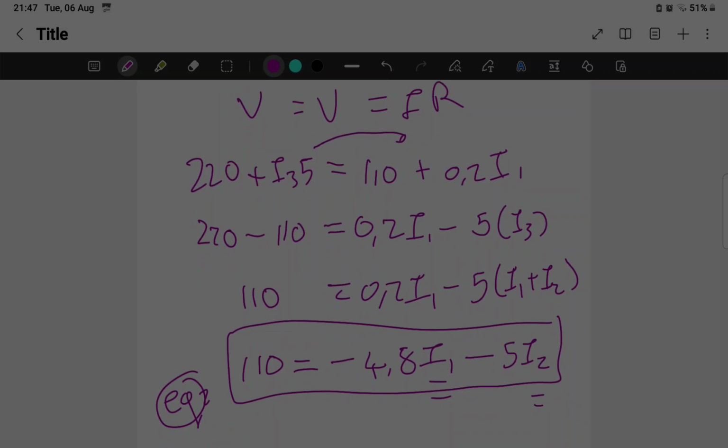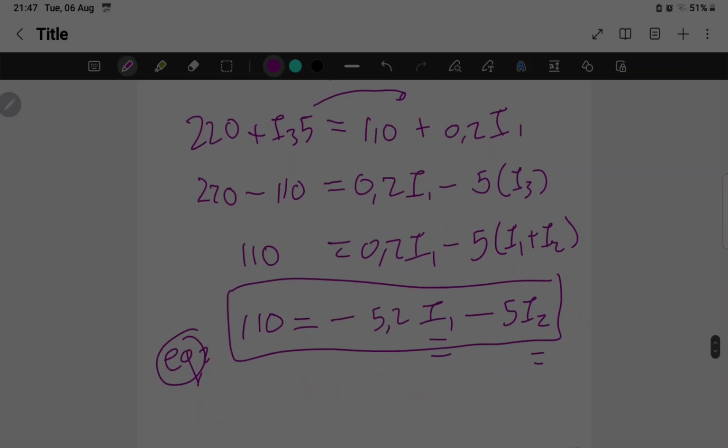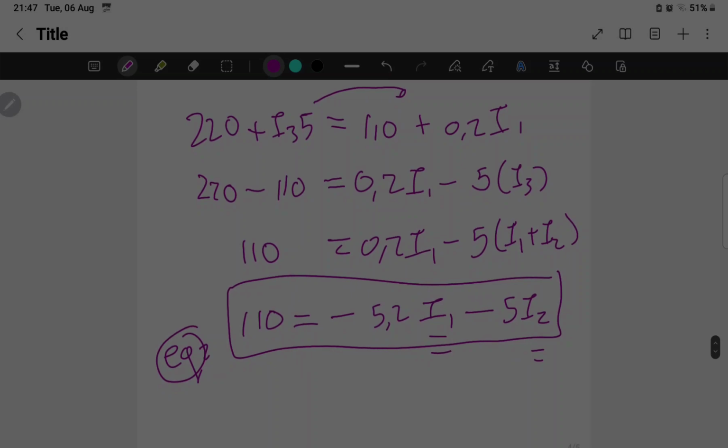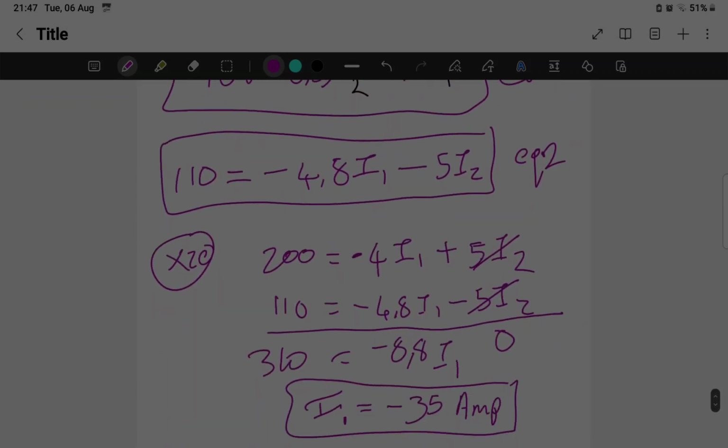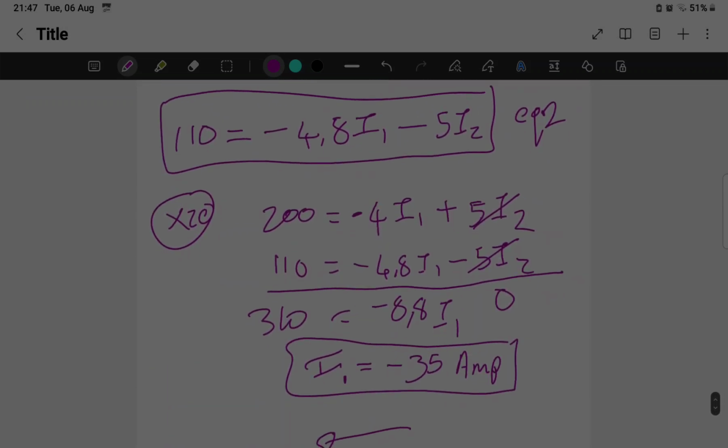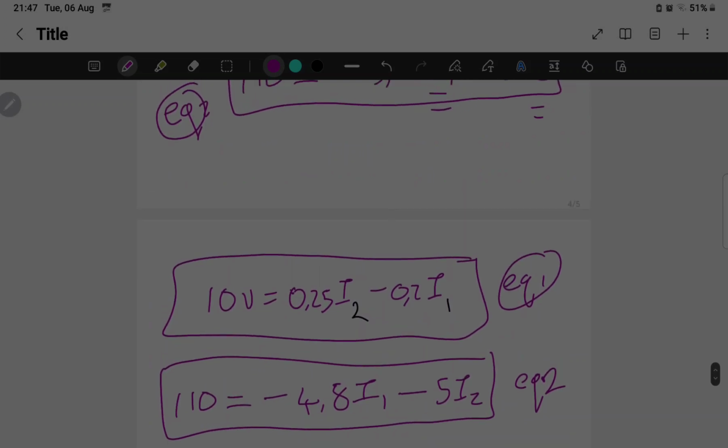Okay guys, I think I made another mistake here. This should have been 5.2 I1, I2 5. So this here must be 5.2. So let's correct that.